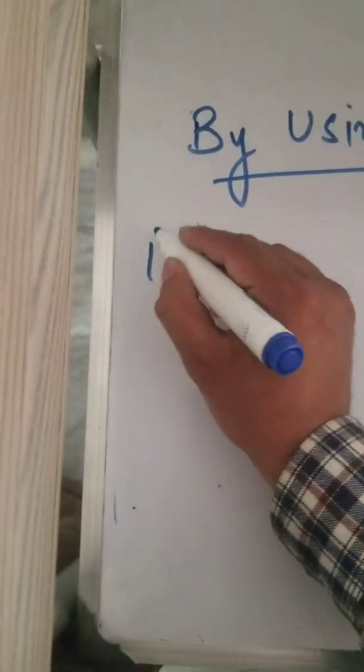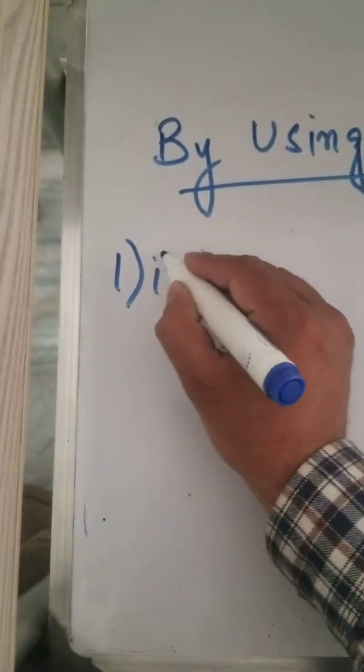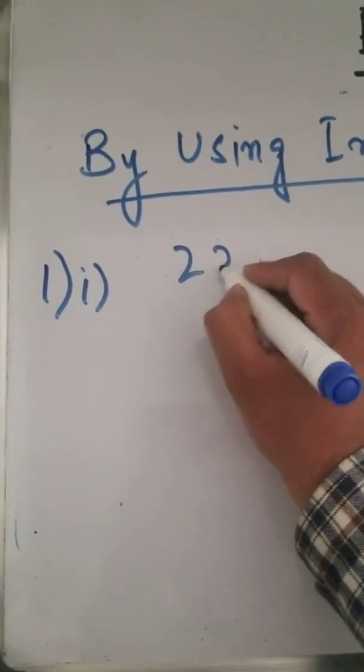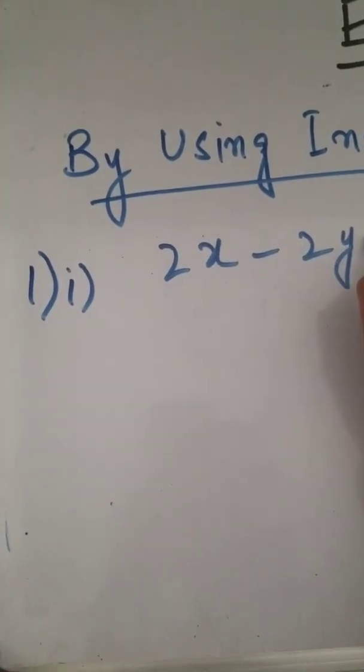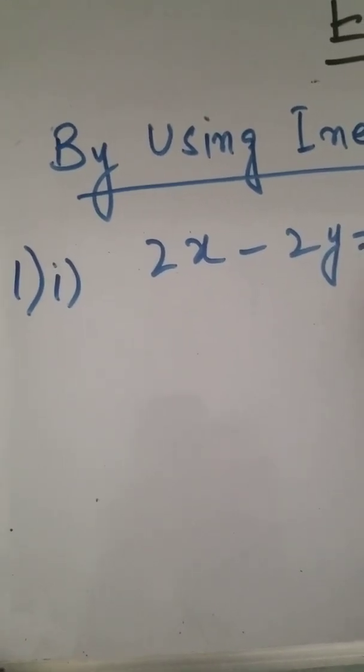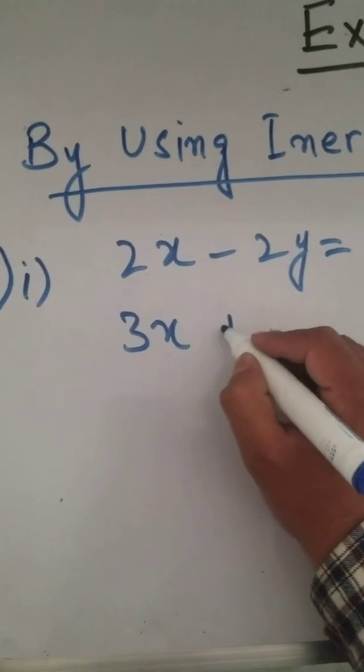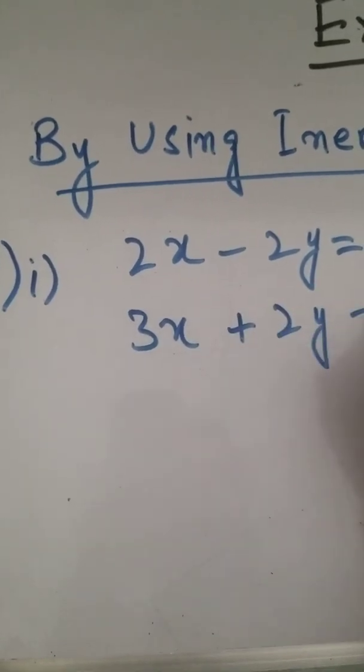In question number 1 part 1 we have the equations 2x minus 2y equal to 4 and 3x plus 2y equal to 6.